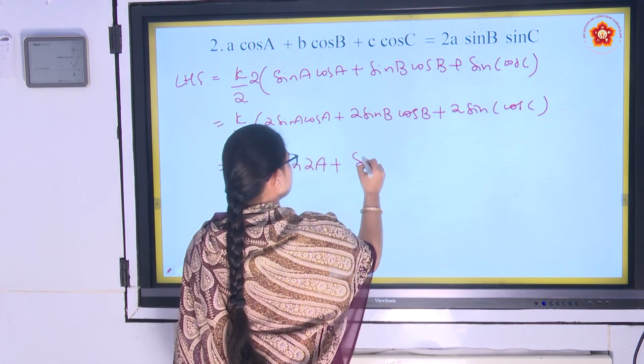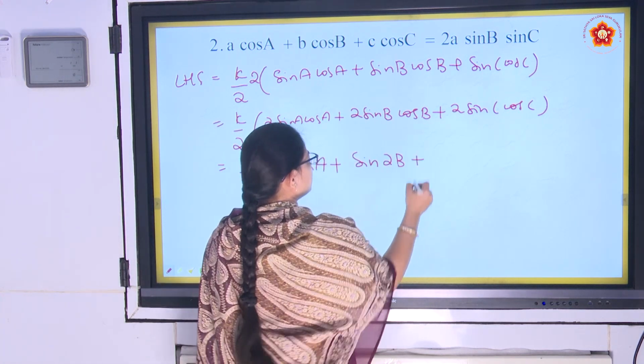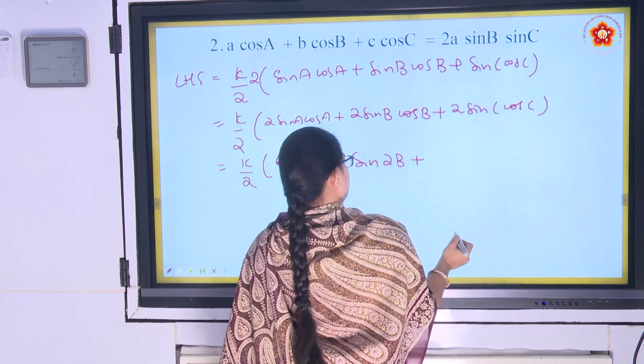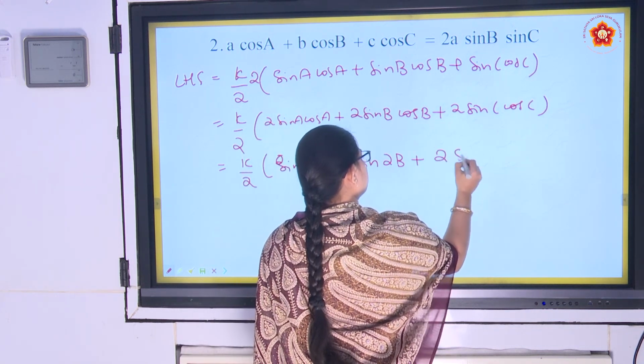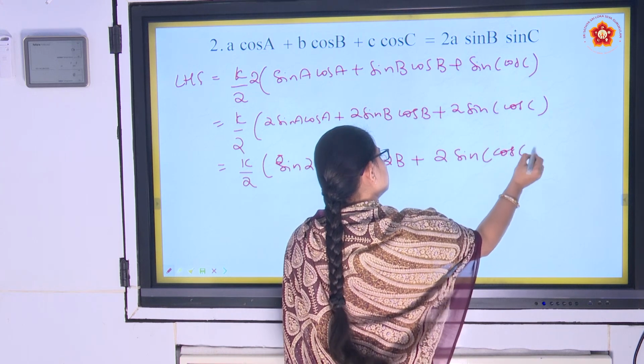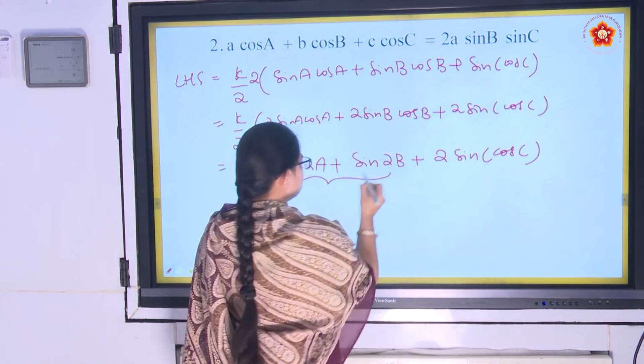Here it is sin 2B. Here it is sin 2C. Or we can keep it like that only, 2 sin C cos C itself, because we are considering these two.